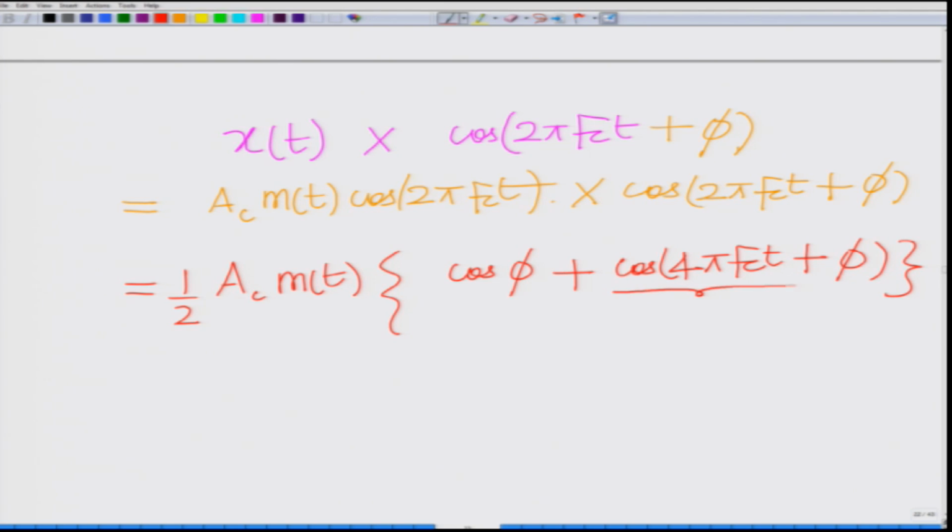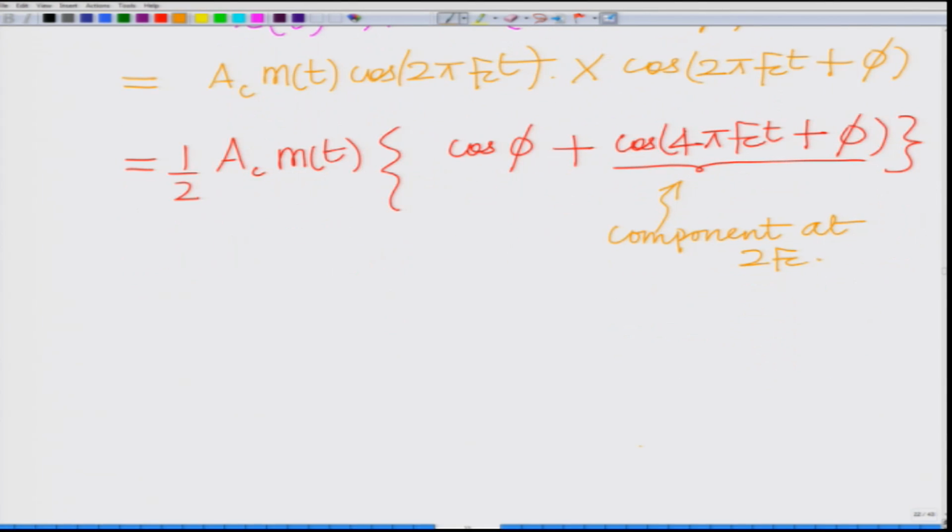Now, you can see this component is at 2 f_c, and this other one is of course a constant, so it is a baseband component.